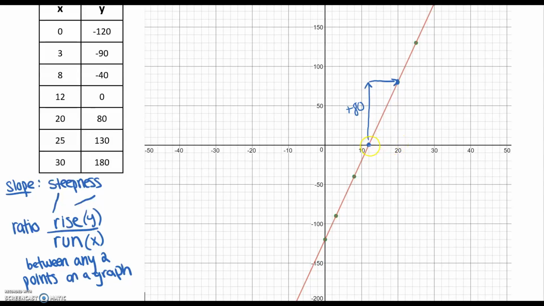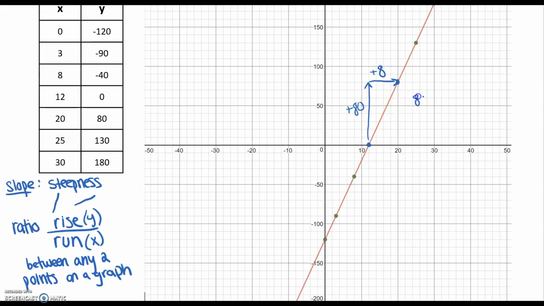So how many units are between 12 and 20? We'd have to go 2, 4, 6, 8. Since we're going from left to right, we're going positive on the x-axis, so it's also a positive 8. You don't really need those plus signs, but I'm putting them there to make a point. And slope is a ratio of how much you rise to how much you run.